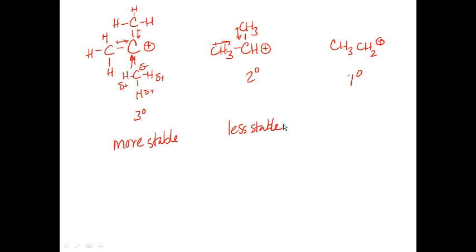And in the case of a primary, we did write the structures of primary radicals because the alkyl group was able to provide enough electron density to make a radical stable. But the problem with the carbocation is it only has 6 valence electrons, so it's even more starved for electron density. One alkyl group isn't enough to do it.